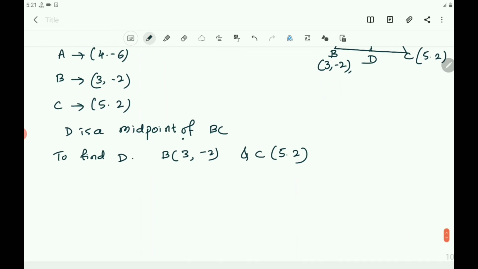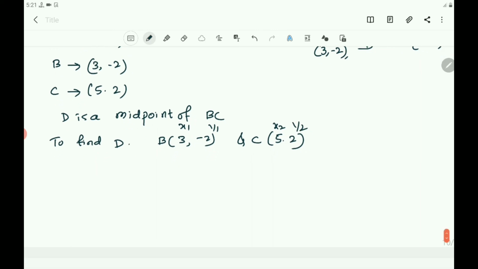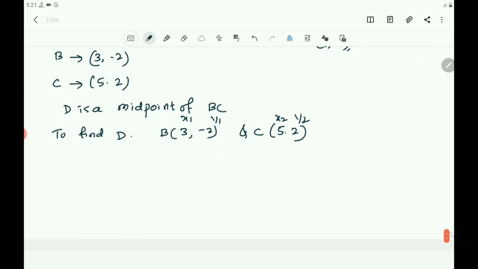Consider these as (x1, y1) and (x2, y2). Write the midpoint formula: D(x, y) equals ((x2 + x1)/2, (y2 + y1)/2).